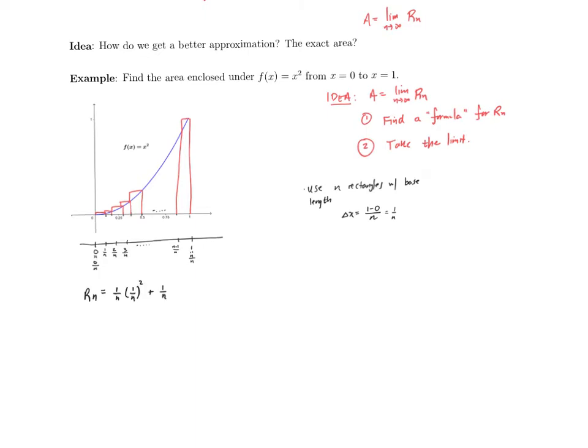It has base length 1 over n, and we substitute the right-hand endpoint of that second subinterval into our function, so 2 over n squared. Then we take the area of the third rectangle, and we keep going, all the way until we get to the nth rectangle, which would be 1 over n times n over n quantity squared. This sum is going to represent R sub n, the right-hand estimate using n approximating rectangles.